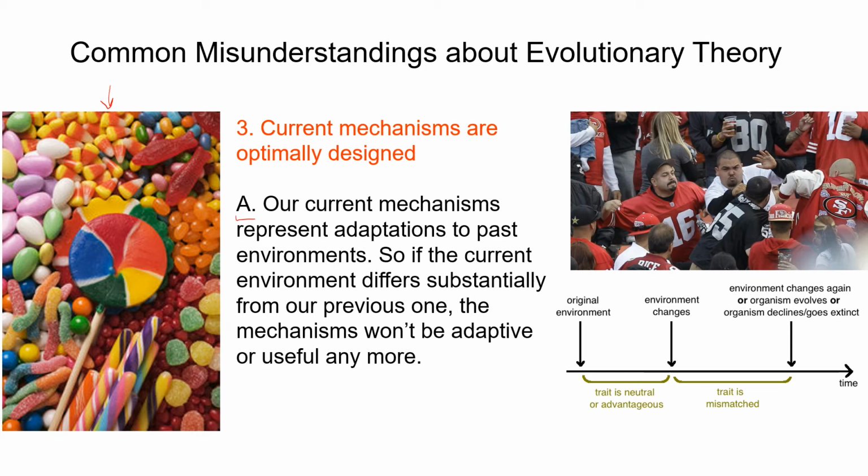Our desire to eat sugars and carbs evolved in an environment very different from the one we're in now, one where there weren't readily available large quantities of sugars and carbs like there is now.